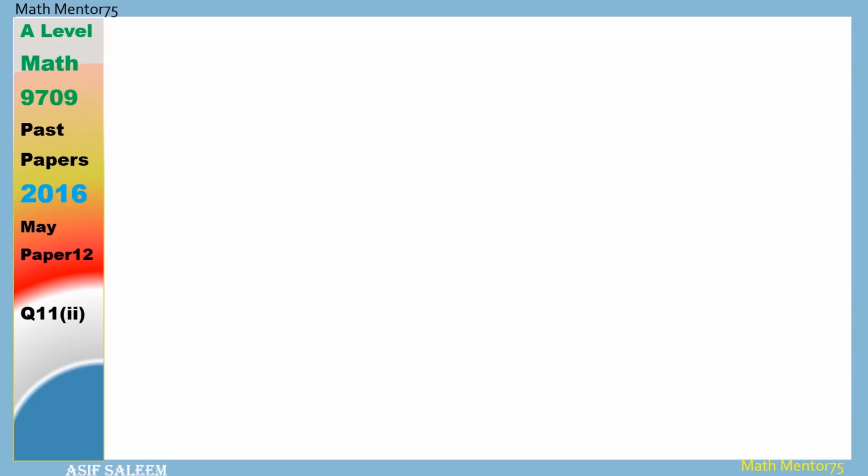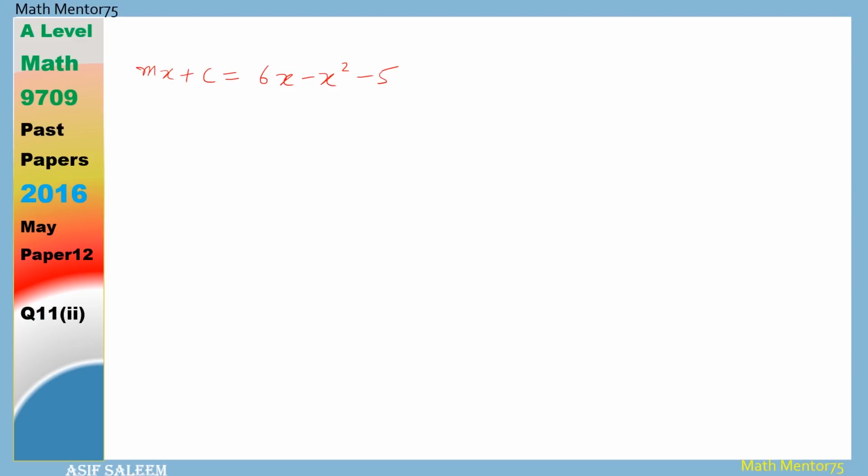We have the line y equals mx plus c. The curve is y equals 6x minus x squared minus 5. Let's eliminate y. So we have mx plus c equals 6x minus x squared minus 5. Now let's take everything to the left hand side.